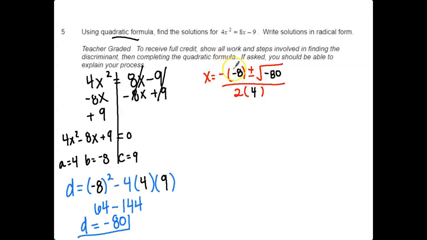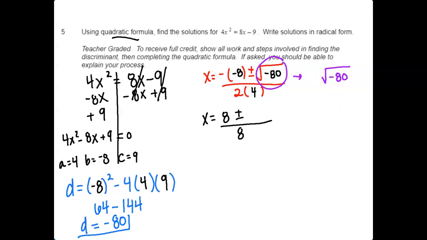Don't get tripped up with having two negatives here. That's okay, because a negative times a negative is a positive. Plus or minus, and we're going to be dividing this. 2 times 4 is 8. Again, we are going to take this radical to the side, and we want to simplify this.